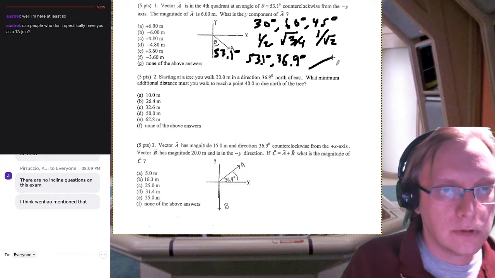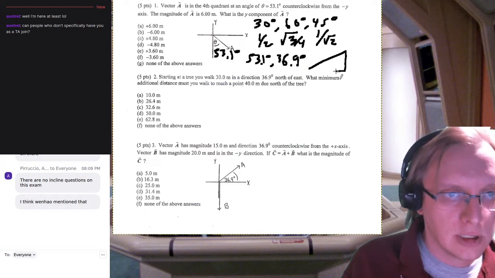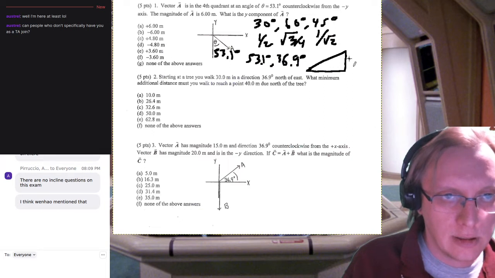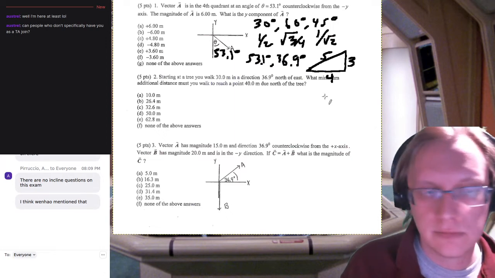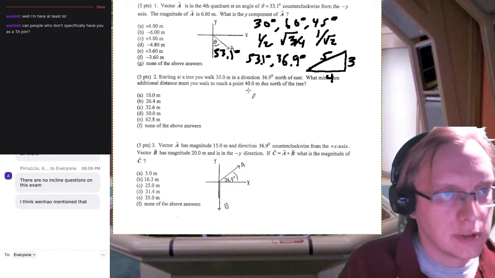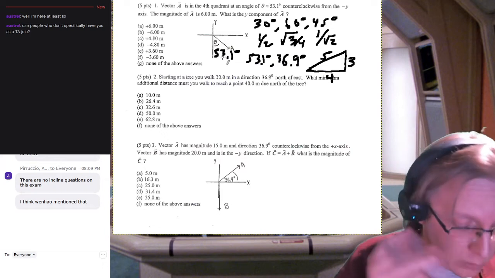So there's a very good reason for that. These are approximately 3, 4, 5 triangles. So these are going to come up a lot, so be aware of that.